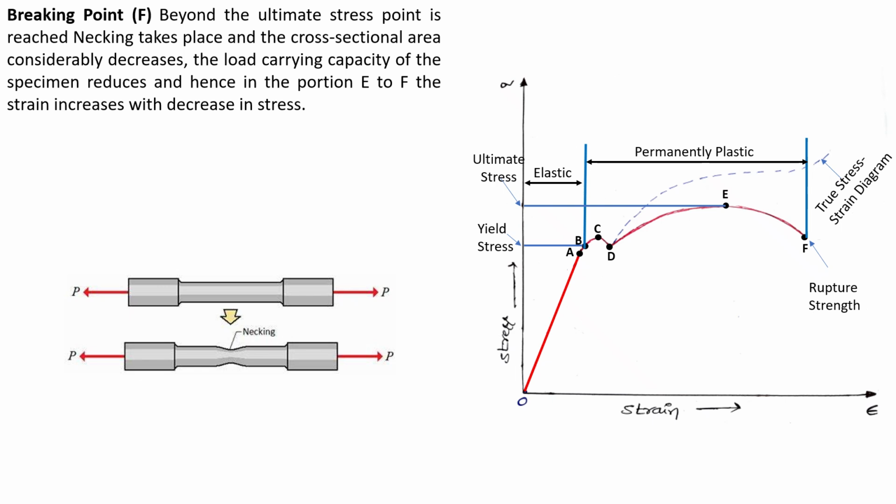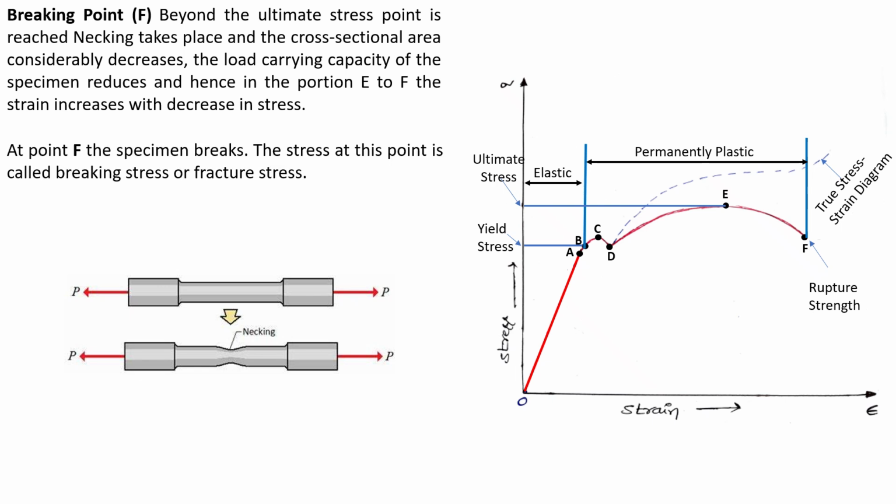That's why, after reaching the ultimate point, stress is decreasing and strain is increasing. And at point F, the specimen breaks. The stress at this breaking point we call the breaking stress or fracture stress.